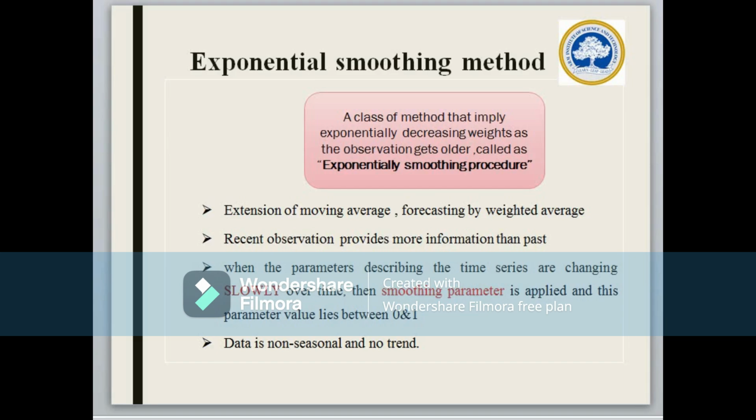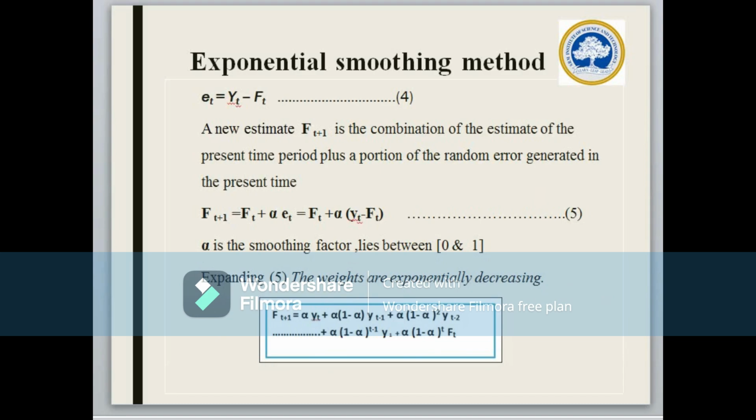In the exponential smoothing method, the error term we have already seen, right? Et equal to y of t minus f of t. So the new estimate f of t plus 1 is the combination of the estimate of the present time period plus a portion of the random error generated in the present time period.